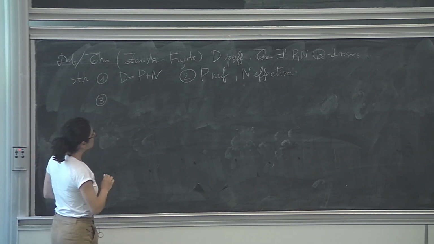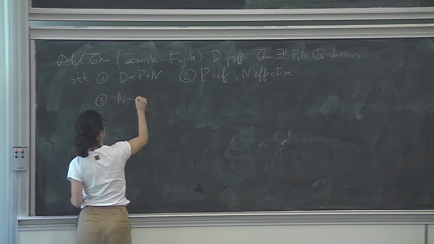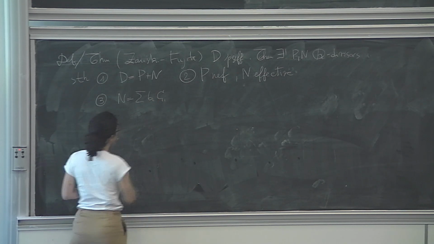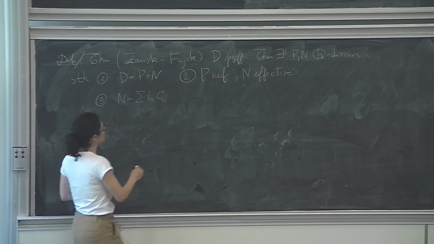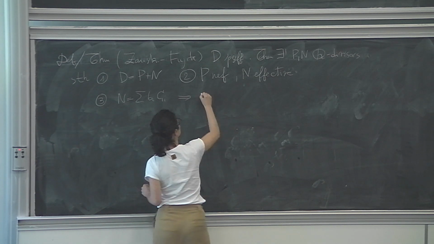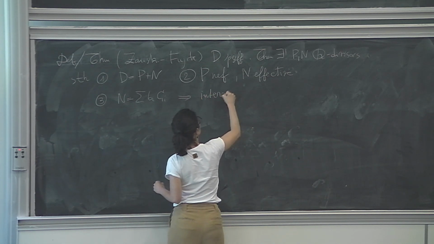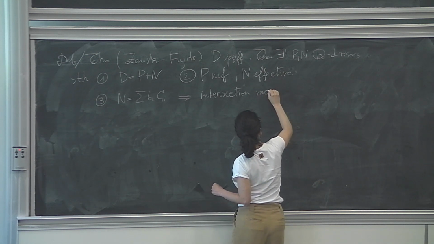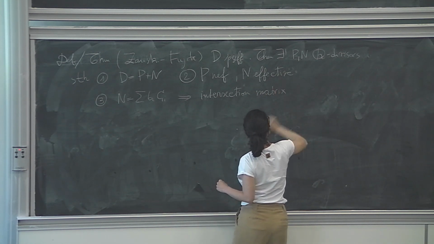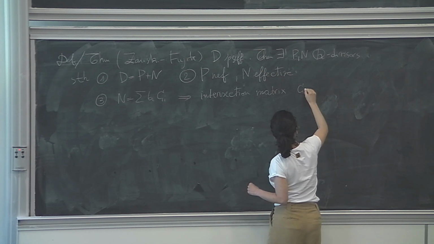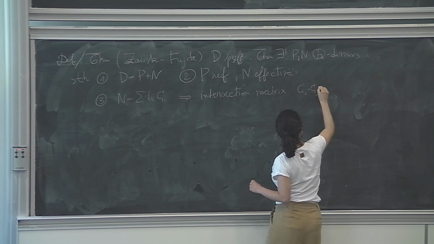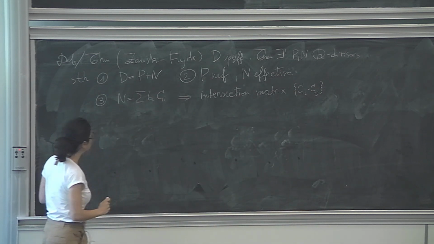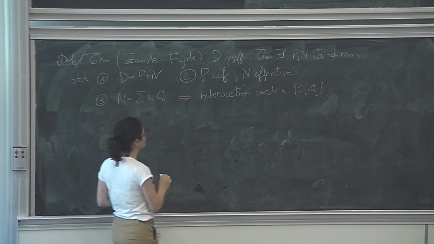And 3, if we write N as the sum of its irreducible components with coefficients b_i, then the intersection matrix of the support of N is negative definite.